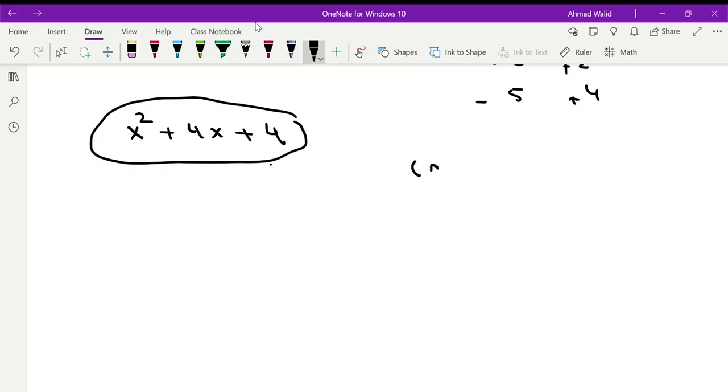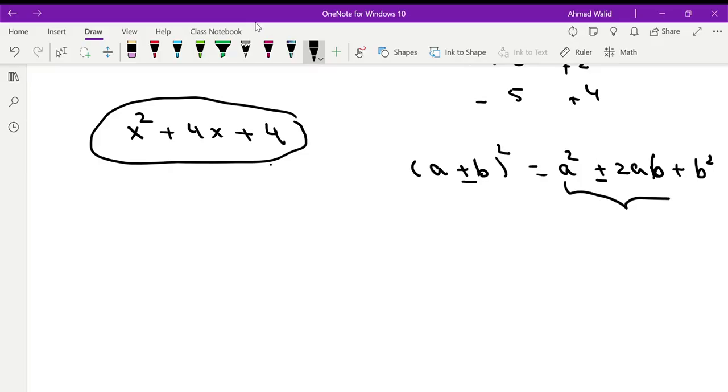Remember this product: when you have (a plus b) squared, it gives you a squared plus 2ab plus b squared, or the negative one, where only the sign changes to negative. The right side, we call it a perfect square trinomial. Why perfect?